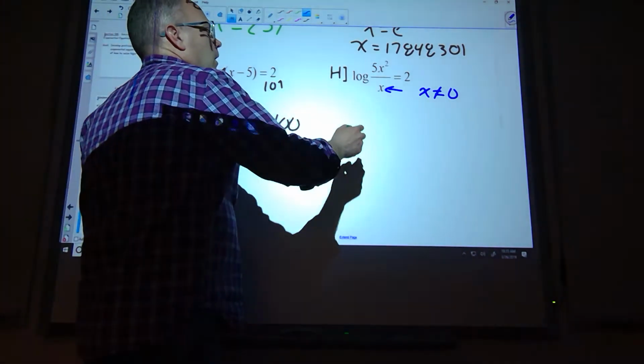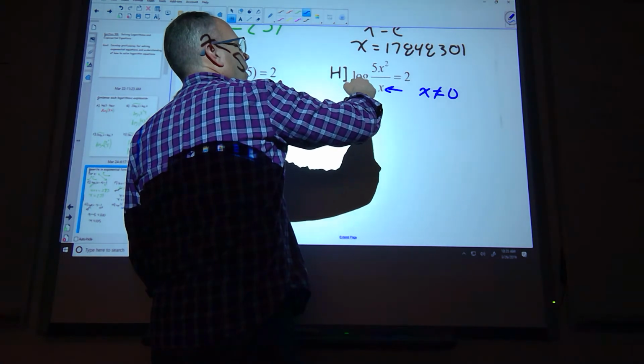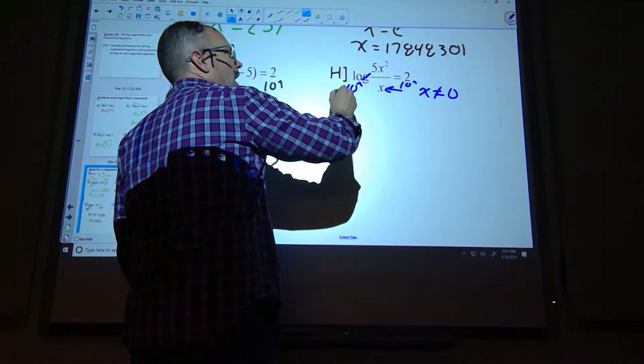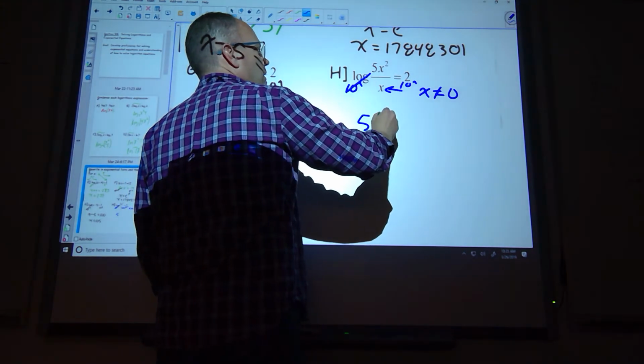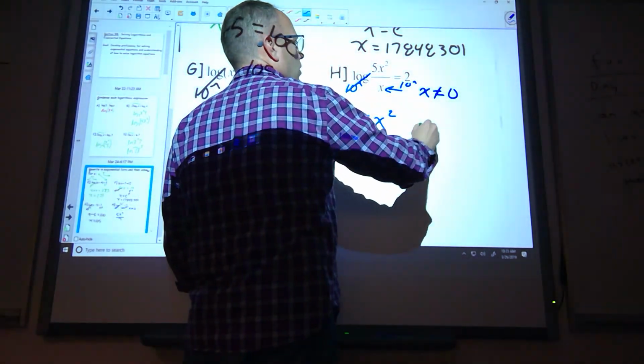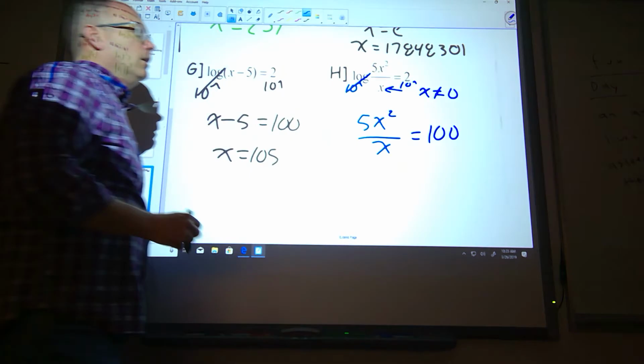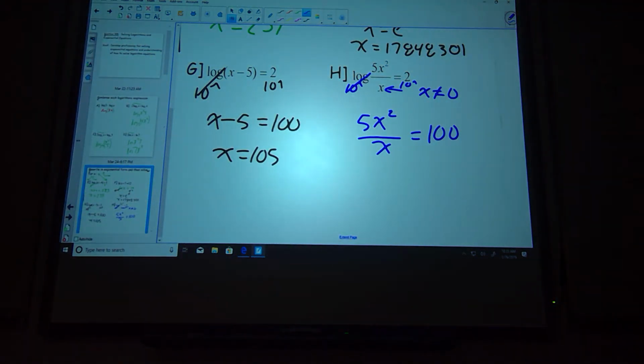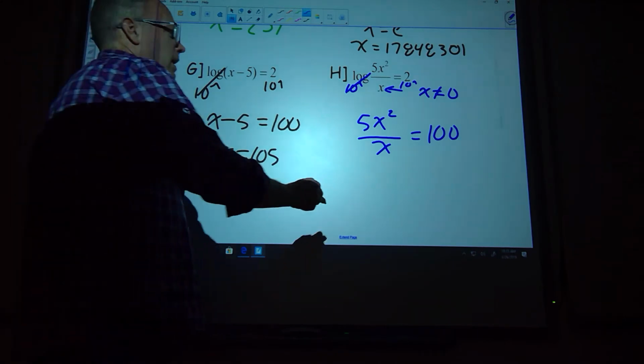All right, so this right now is log base 10, so 10 raised to the and 10 raised to the. So that cancels, so I get 5x squared over x equals 100. Is that okay so far? Multiply both sides by x.